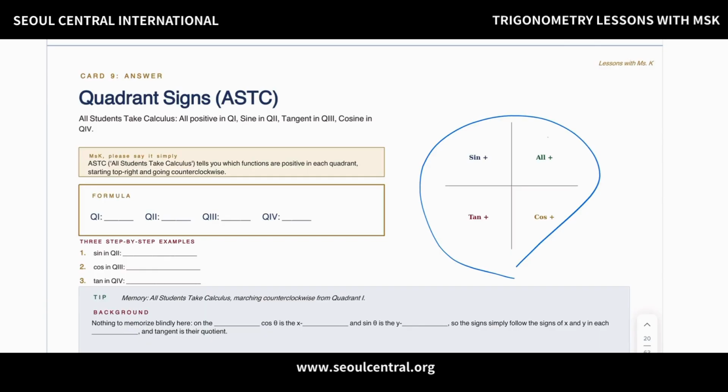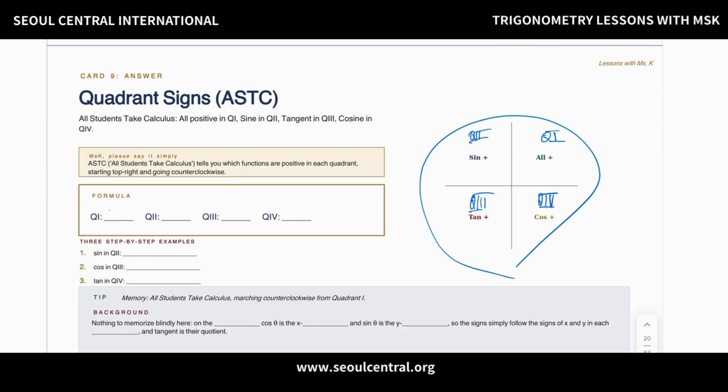So All Students Take Calculus: all positive in quadrant 1, sine is positive in quadrant 2, tangent is positive in quadrant 3, and cosine is positive in quadrant 4.